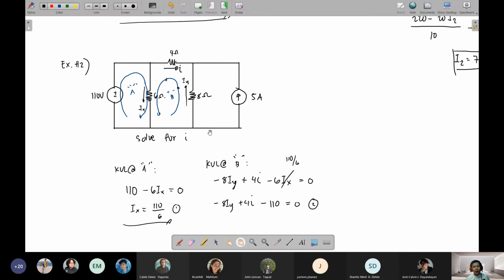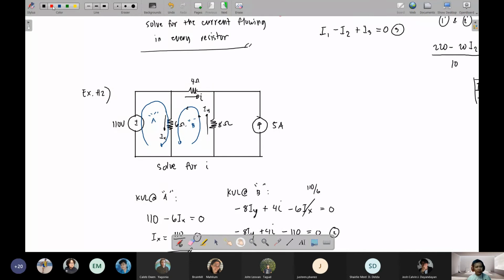Step number 4, apply KCL to any node where there are no voltage sources connected. Now, for this circuit, technically, we have 3 nodes. Node over here, wherein this is the connection between 110, the 6 ohms, and the 4 ohms.